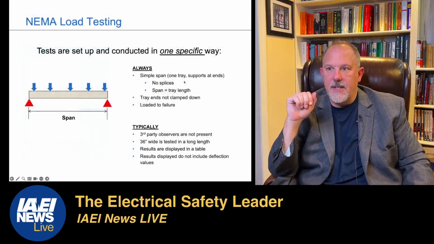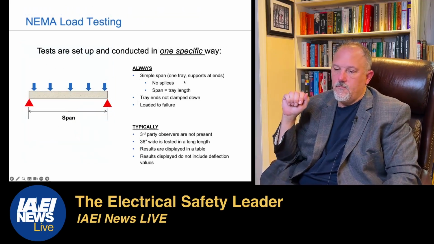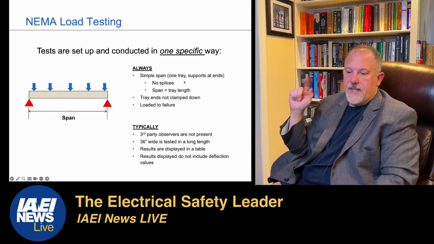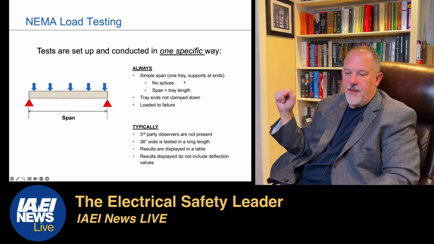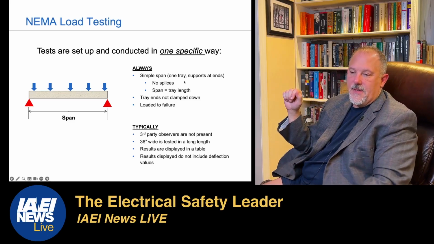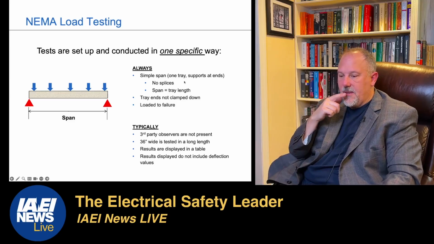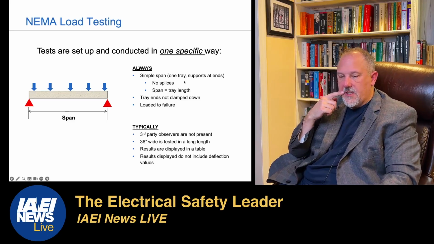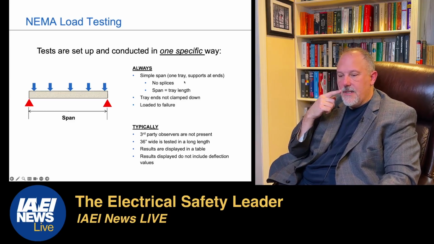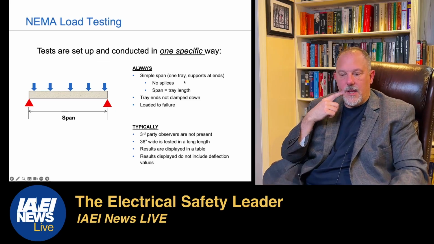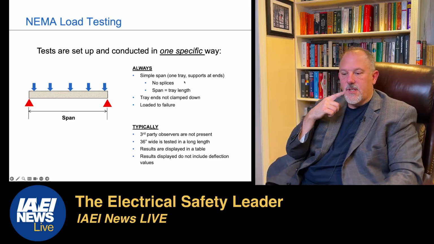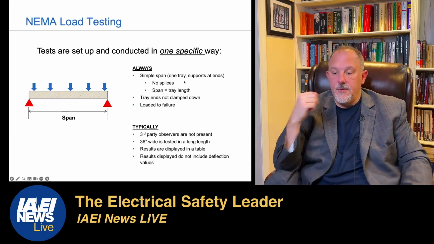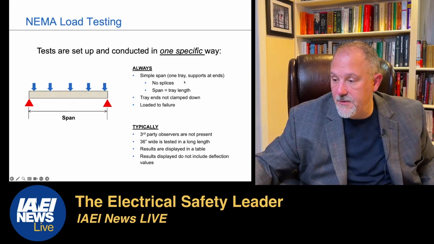Tests are set up and conducted always as a simple span, one tray support, no splices, span, tray length, tray ends clamped down, etc. Typically, third-party observers are not present. A 36-inch wide tray is tested in a long length. Results are displayed in a table, and they do not include deflection values.